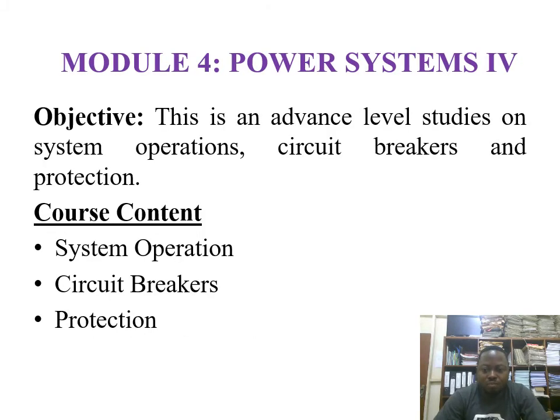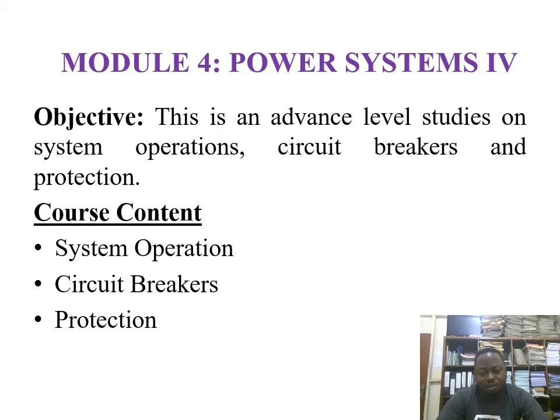Module 4, which is Power System 4. The students will go through power system operation and protection. The detailed course content will include power system operation. We talk about circuit breakers and protection.